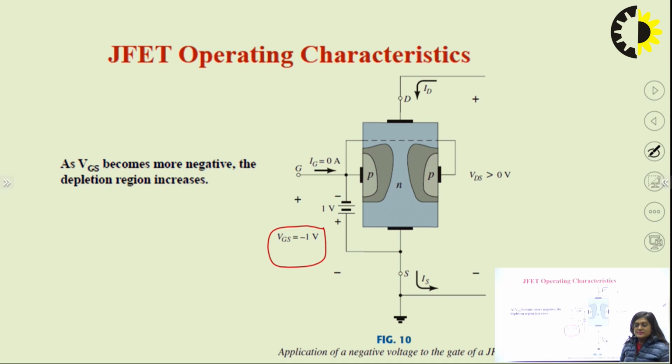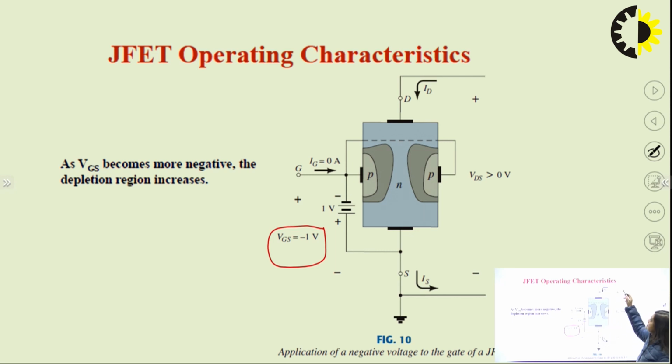That means we had short circuited the gate and source terminals. Now similarly, here the N channel is there, and these are the P type blocks. These P blocks are interconnected with each other, and this is the gate terminal, this is the drain terminal, and this is the source terminal.